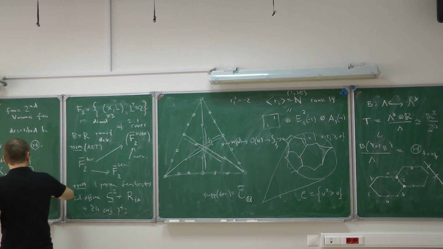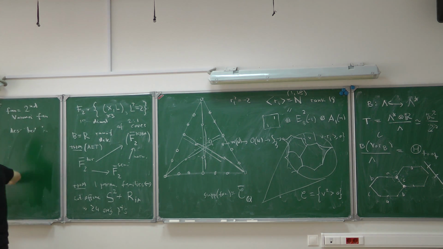So, all right. So what I'm going to do, I'm going to take a point in this fan, and I'm going to describe a 1-parameter degenerating family of K3 surfaces with that period point. Okay.